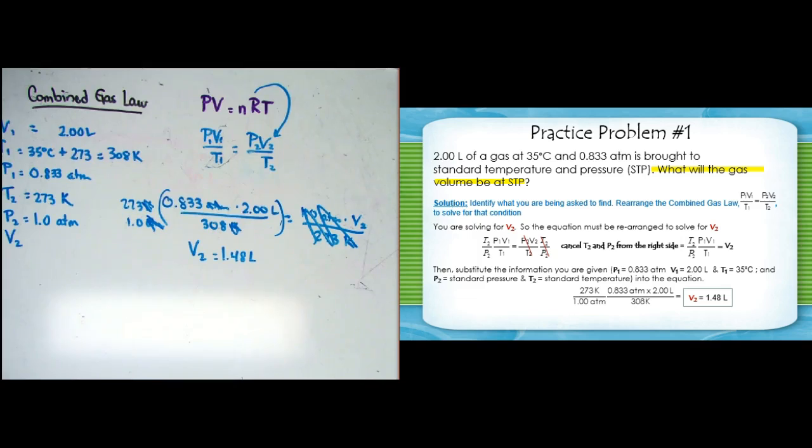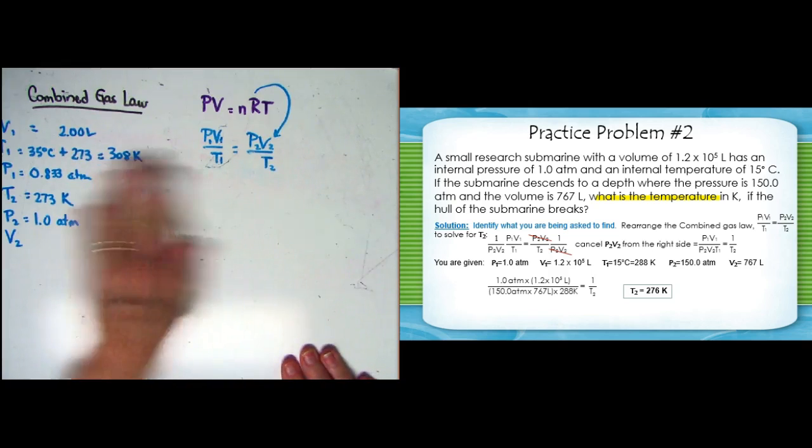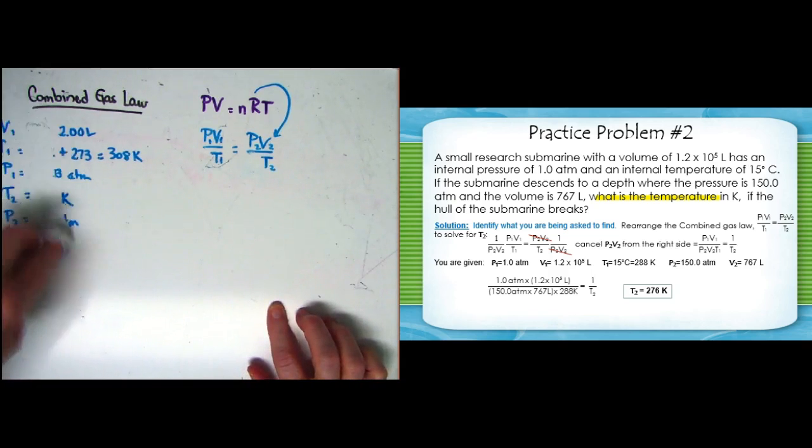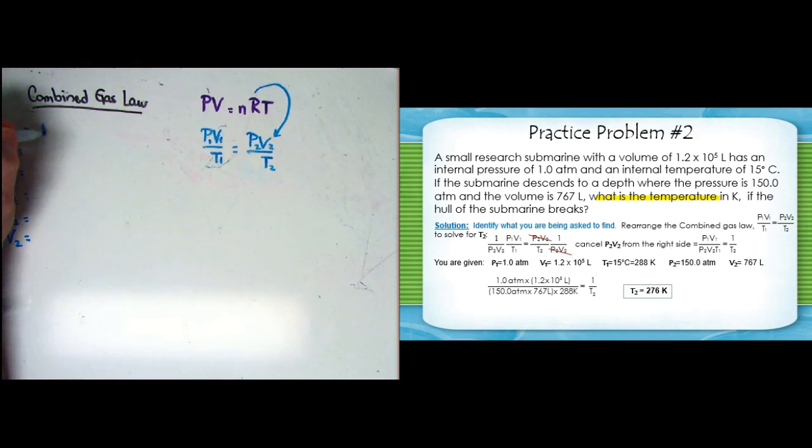Okay? Alright, so let's do another problem. I'm keeping up my original formula here. We're going to put all of these over to the side, and we're going to find out what we have and what we don't have. It says a small research submarine has a volume V1 of 1.2 times 10 to the 5 liters, an internal pressure of 1 atmosphere, and an internal temperature of 15 degrees Celsius.